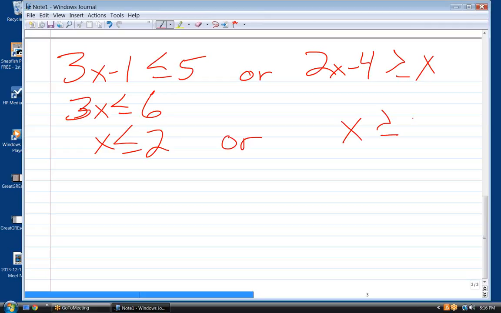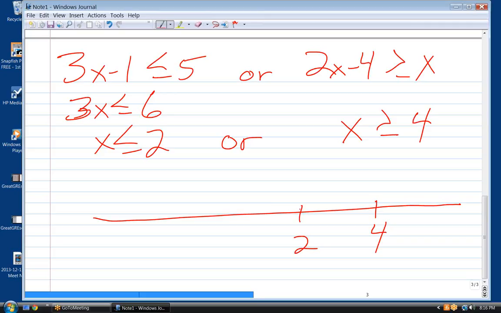Greater than or equal to 4. Okay, so to figure out what the solution is, let's graph both of those. There's 2. There's 4. We got x is less than or equal to 2, or x is greater than or equal to 4.